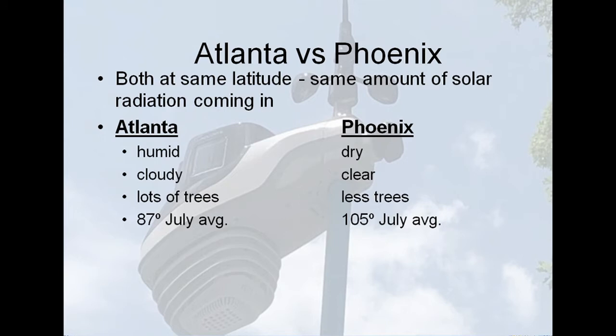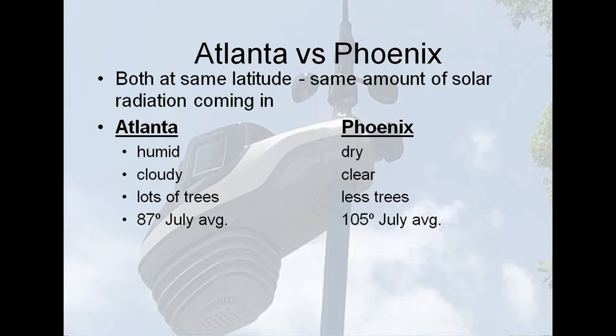So here are the comparisons between two cities, Atlanta and Phoenix, both at the same latitude, same amount of incoming solar radiation. But Atlanta is humid, cloudy, with lots of trees, and an average in July of 87 degrees. The trees absorb the moisture and transpire, let off the moisture, basically evaporation, and then you get the cooling.